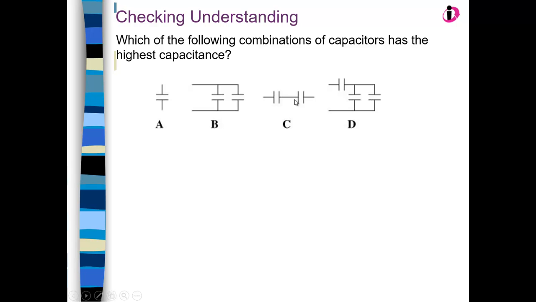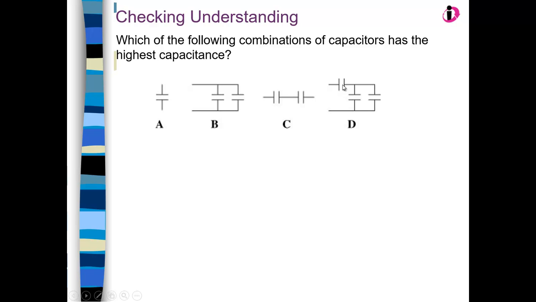And finally, you have one in series and two in parallel. So these two you would add, and this one you would take the reciprocal of them. So with these three capacitors, you get two that are additive, and then you get one that is reciprocal.